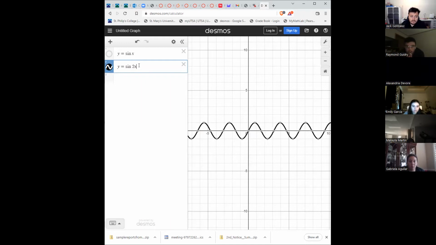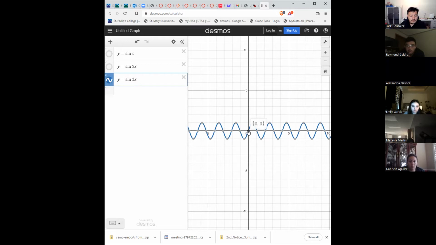So if we were to triple that, then it should be 3 times as short because it's 3 times faster. So it'll be 0 to, where does it repeat itself?